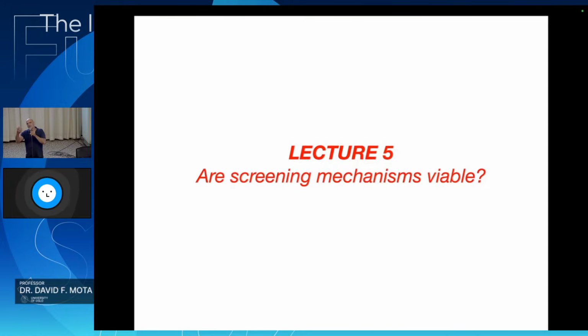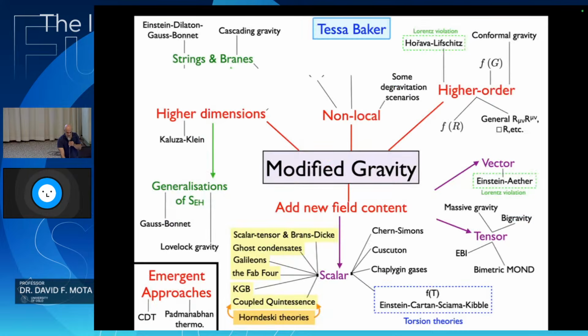And yes-ish, that's correct, but we need to take into account that when you have your own screening mechanism, you should do your calculations correctly, because it might not always be true that the chameleon or the symmetron or the Vainshtein screening mechanism works as well as you might think.